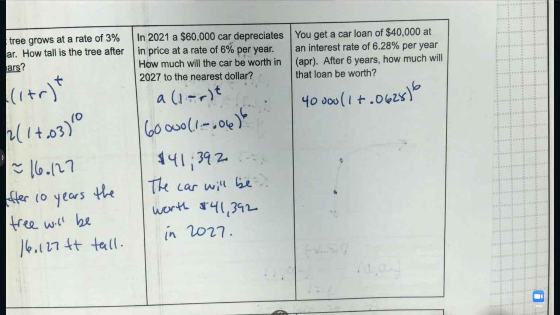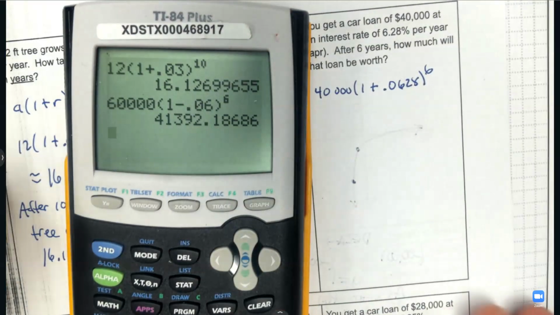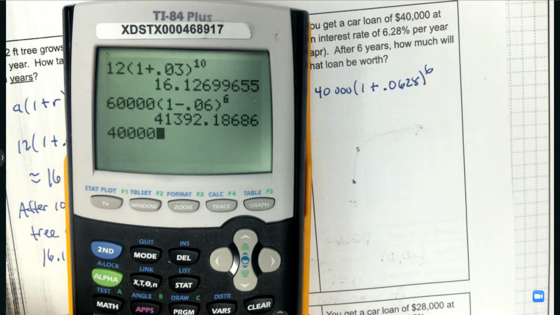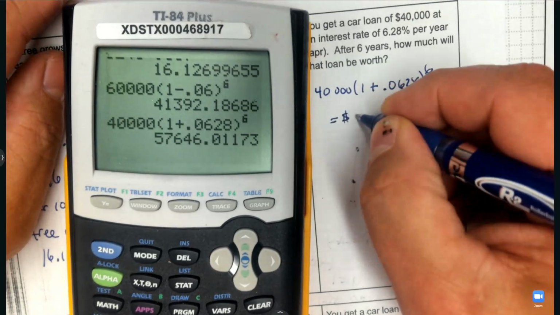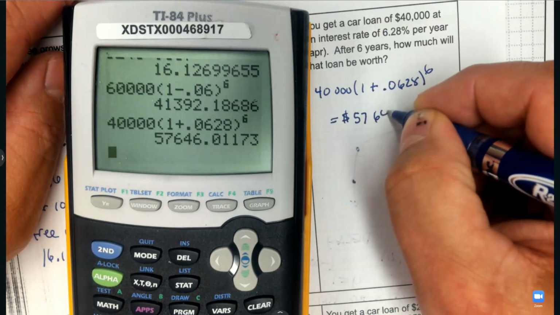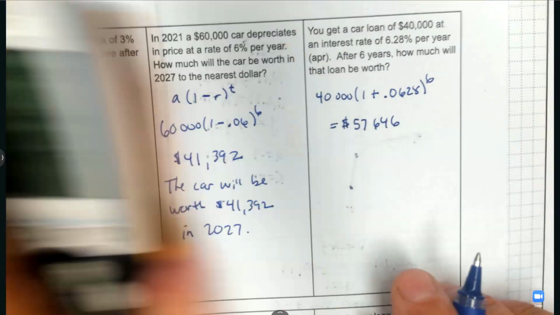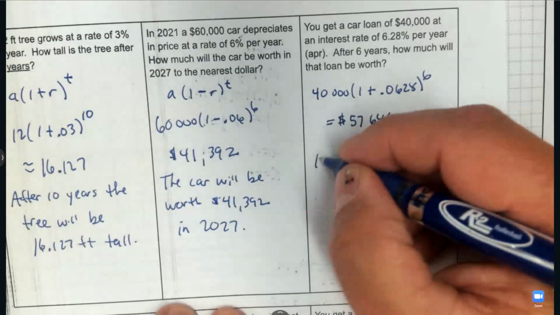And then use your calculator. I'll round again to the nearest dollar, so $57,646.